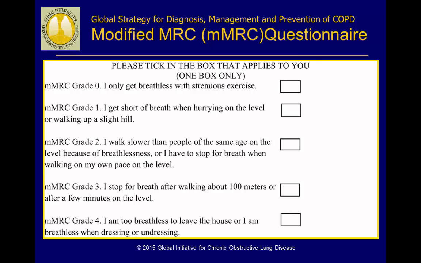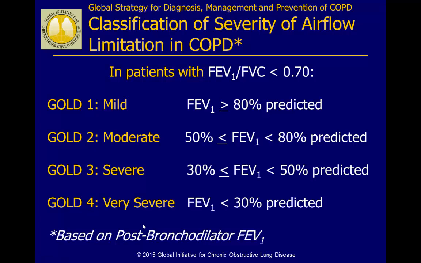For example, the breathlessness questionnaire asks the patient, I only get breathlessness during strenuous exercise or while I'm walking, or I have to stop for breath when I'm walking at my own pace, or I have to stop to catch my breath after about 100 meters, a few minutes, or I'm too breathless to leave the house, or I'm breathless when I'm dressing or undressing. So basically, if you're at this level, you're severe and you're basically disabled.